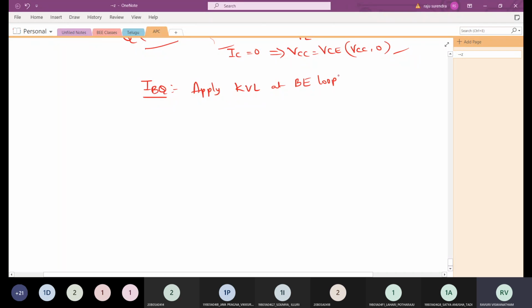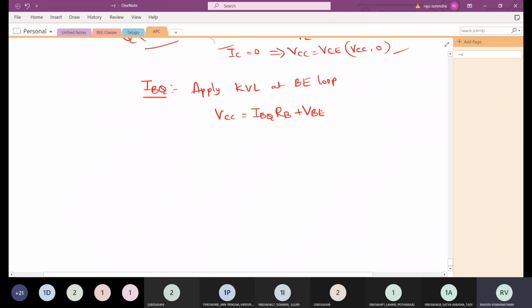BE is nothing but the base emitter loop. Now, what is the expression? VCC is equal to the current IBQ, the resistance RB, plus there is a voltage, VBE.